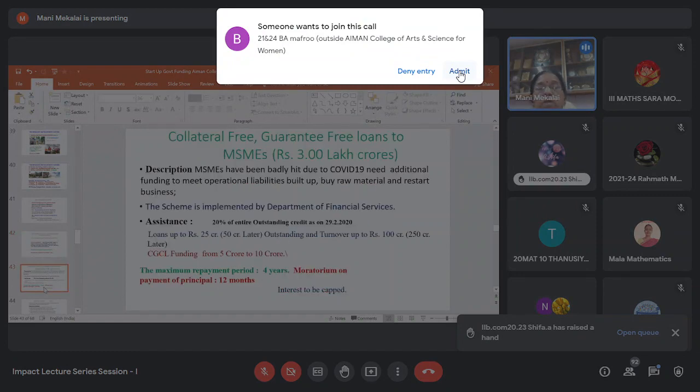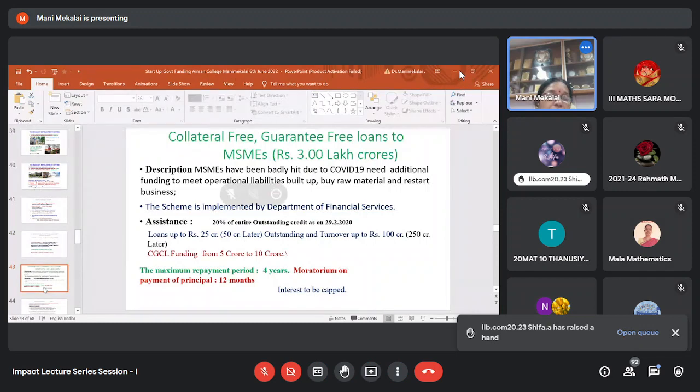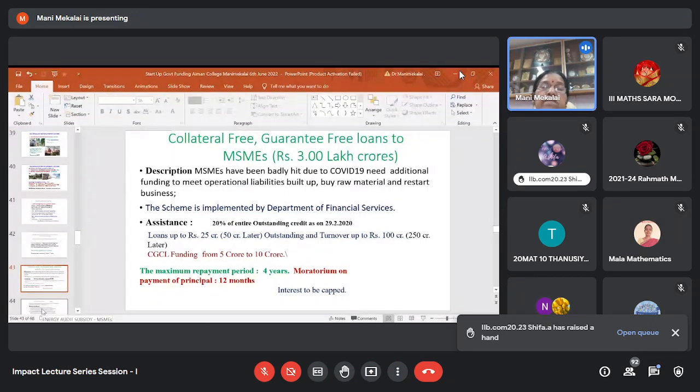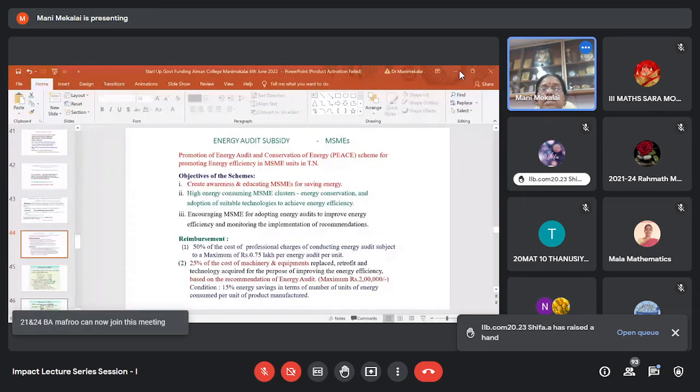You also have collateral-free guarantee, free loans for MSME up to 3 lakhs of loans. Then energy audit is also being done. Every industry should focus on conserving energy, and therefore they can save energy.